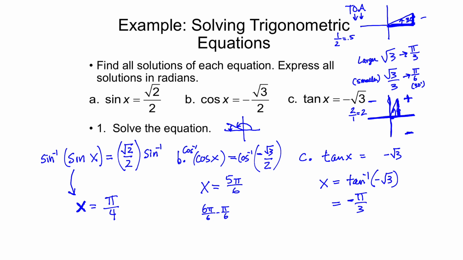In the case of arctangent, sine and tangent are limited to the first and the fourth, and we actually use the negative there. We don't do the positive, which, the positive co-angle of negative pi over 3 is 6 pi over 3 minus pi over 3, so 5 pi over 3. So those are my initial solutions.